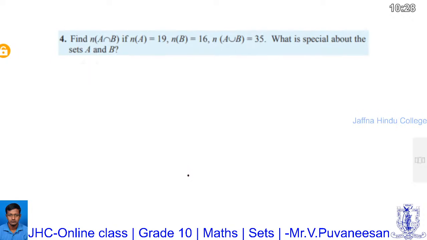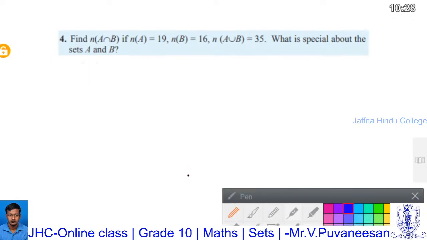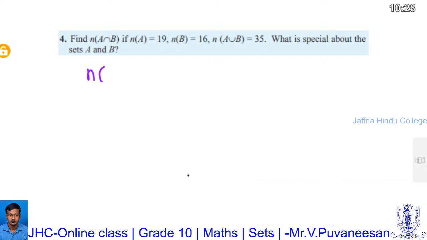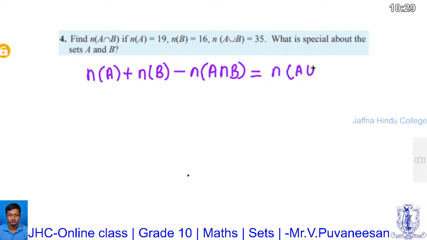Number of A plus number of B minus number of A intersection B is equal to number of A union B.